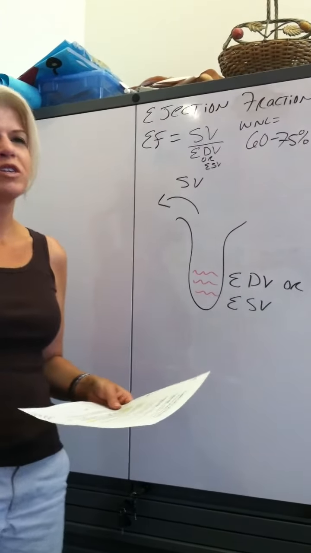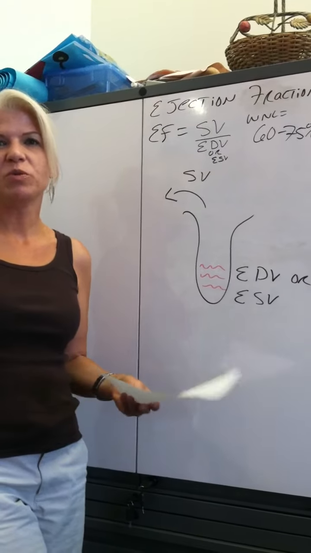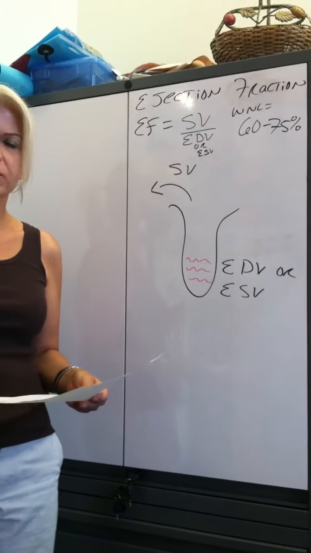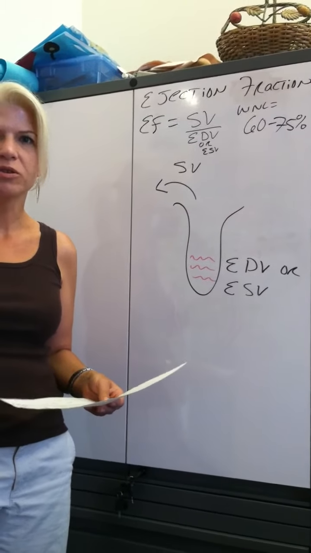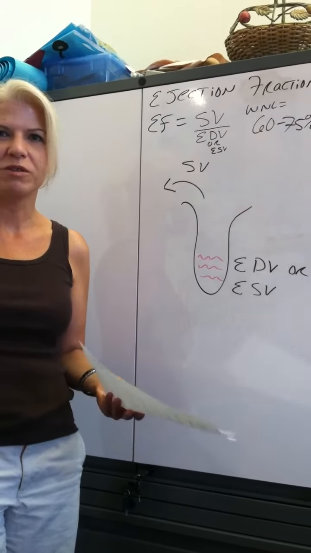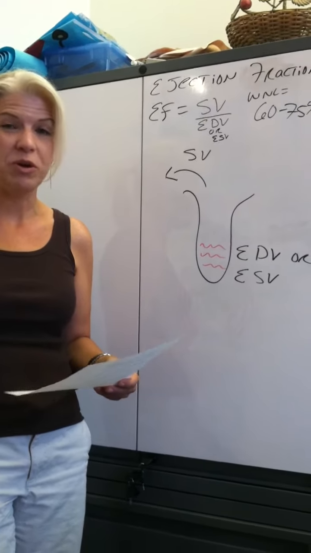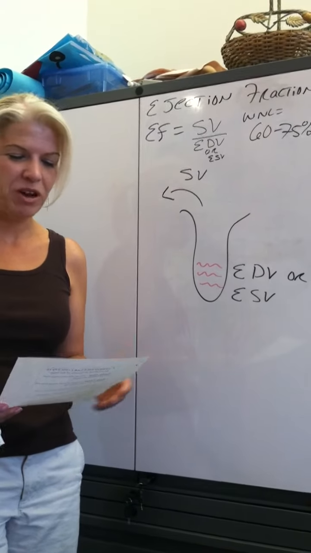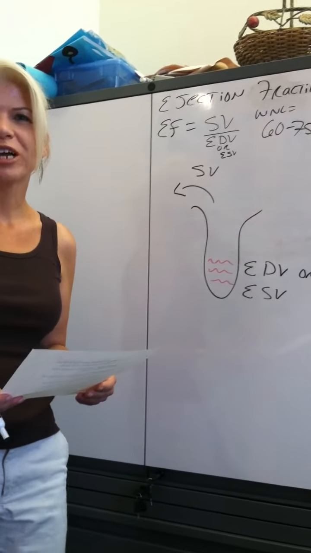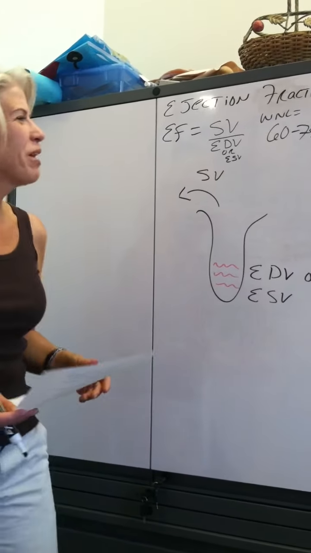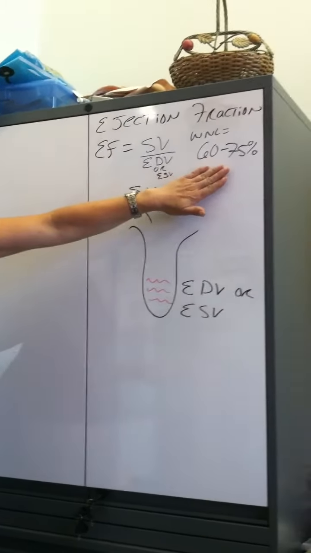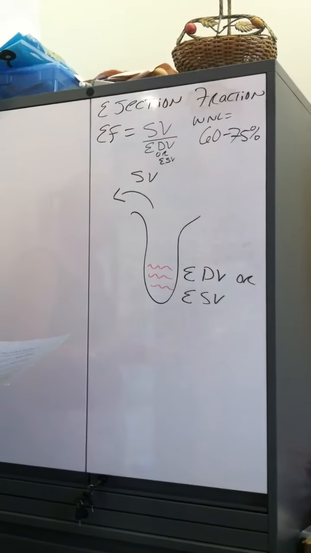She was expecting it to be worse. And I remember saying, wow, 75%, that's really bad. I mean, in nursing school, you're not going to pass with a 75%. You need at least an 80% or above. And then she talked to me about ejection fraction and explained that a little better. So anyway, normal is 60 to 75%.